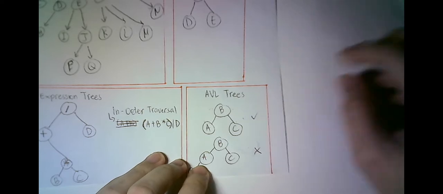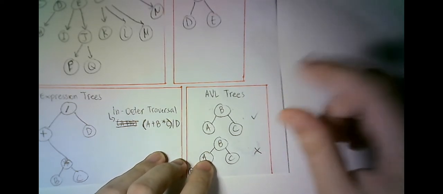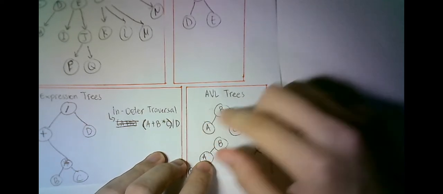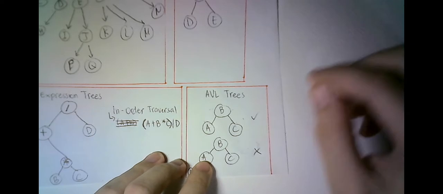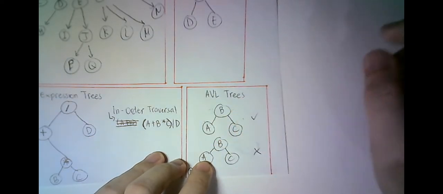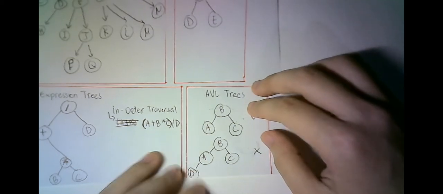In AVL trees, the height difference between the left subtree and the right subtree is 1. It's just one node away, something like that.